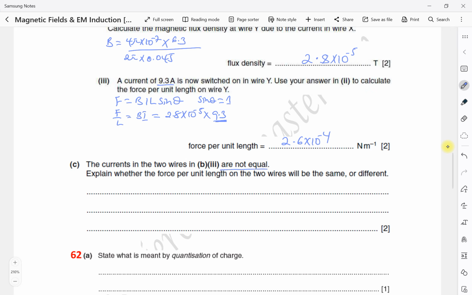The currents in the two wires are not equal. Explain whether the force per unit length on the two wires will be the same or different.